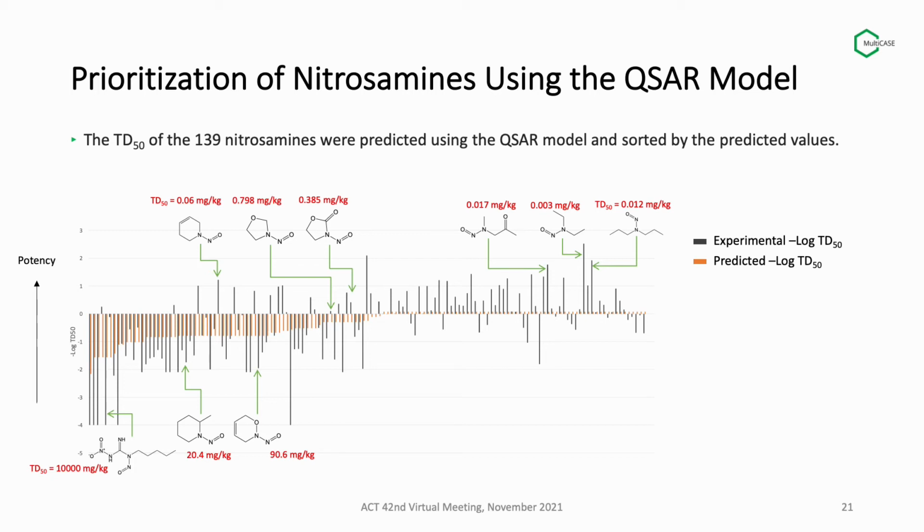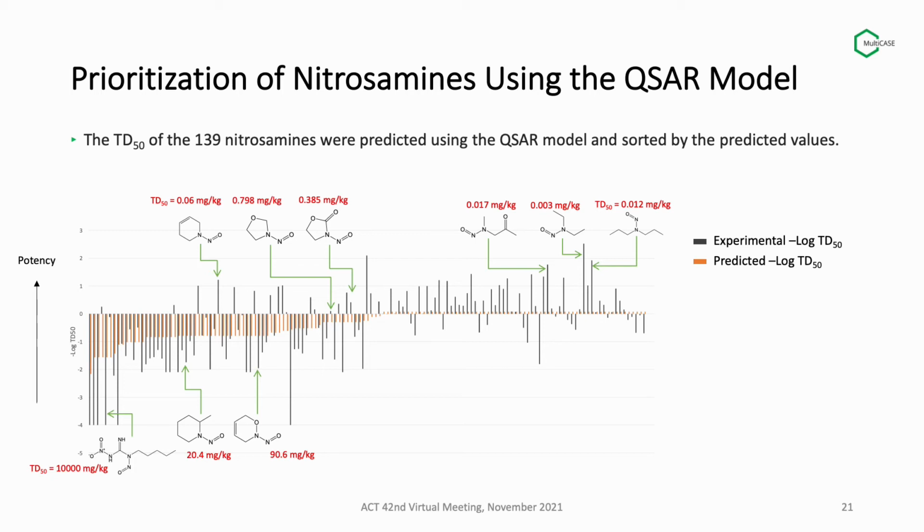On the left side of the plot are the less potent nitrosamines, and on the right side the nitrosamines are highly potent. So this plot shows that there is a good chance that we can use this QSAR model to predict or to prioritize the nitrosamines in terms of their carcinogenic potency.